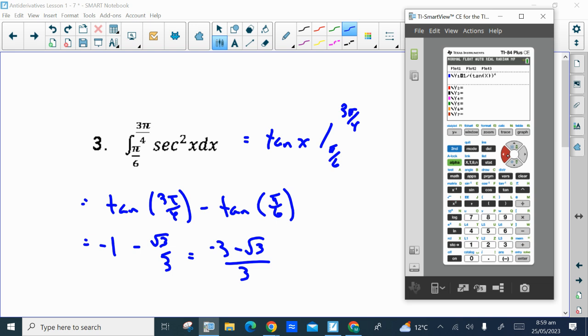I'm sorry, not tangent. The reciprocal of secant is cosine. There we go. So second function trace, number 7. Our lower limit here is pi on 6. Our upper limit is 3 pi on 4.